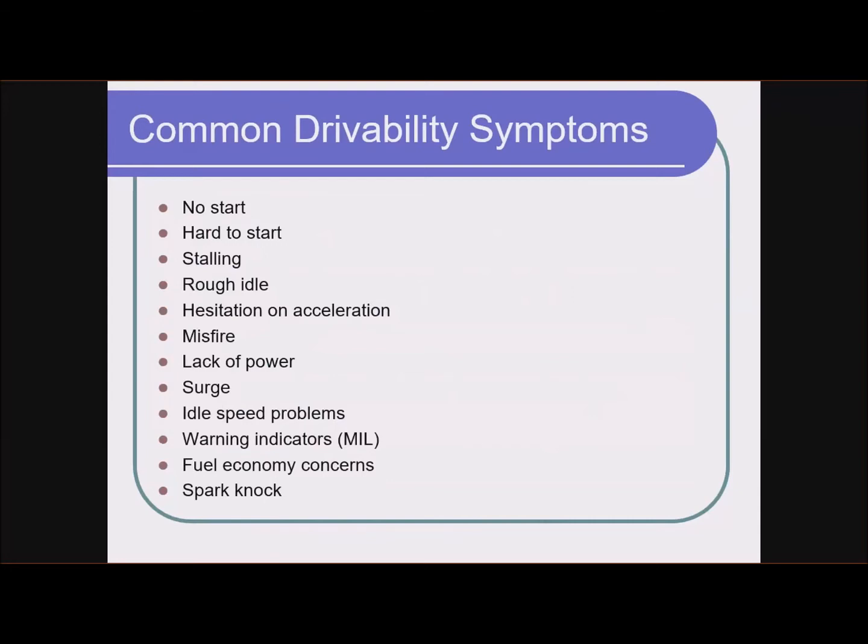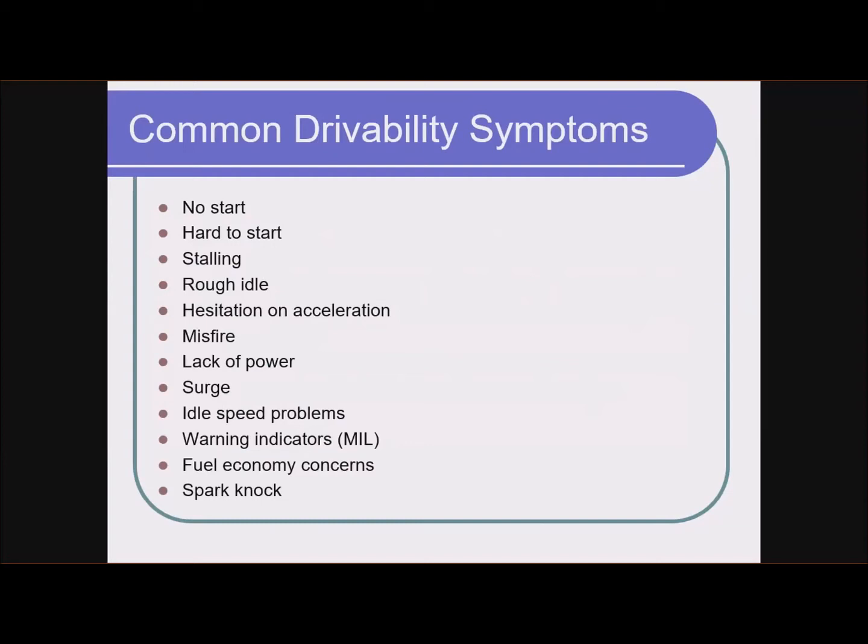You may not even feel that misfire when the engine is idling in park or neutral, if it's mild. If it's severe, you will. So misfire means that one or more cylinders are either not firing at all, we call that a dead misfire, or they're not firing well, so the air-fuel mixture is not lighting completely.